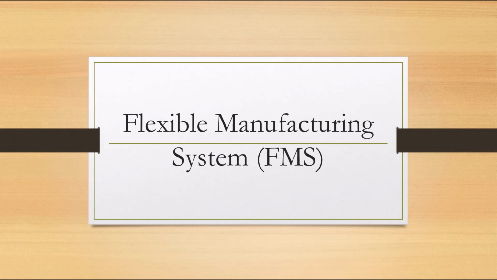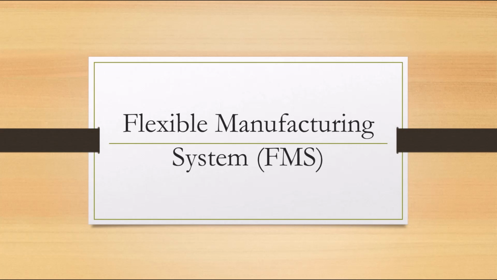Let me start the topic. A flexible manufacturing system is a highly automated group technology machine cell consisting of a group of processing workstations interconnected by an automated material handling and storage system and controlled by a distributed computer system.